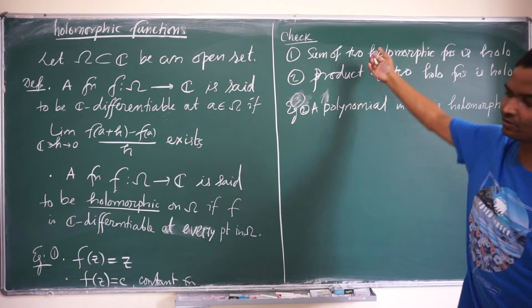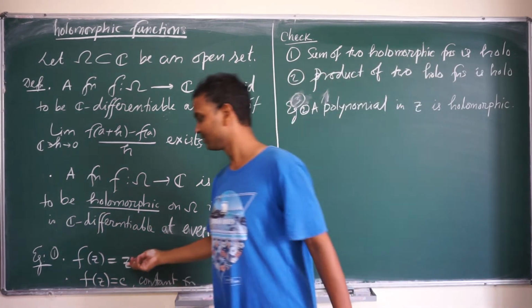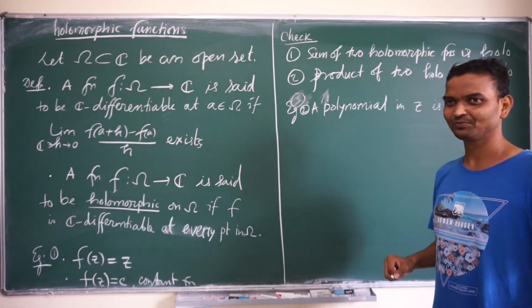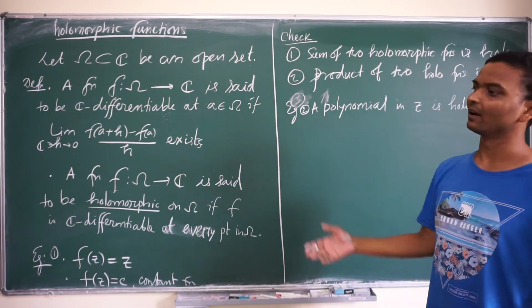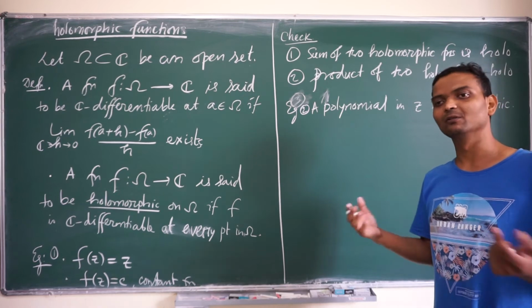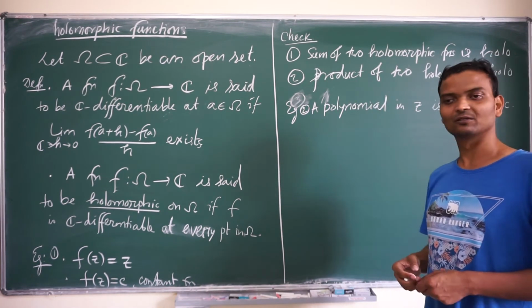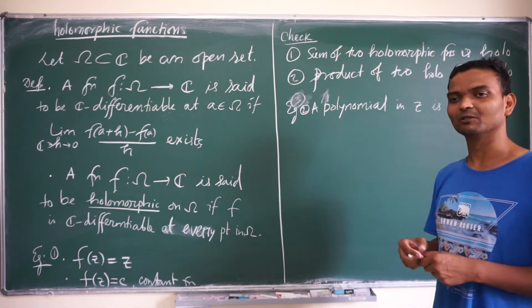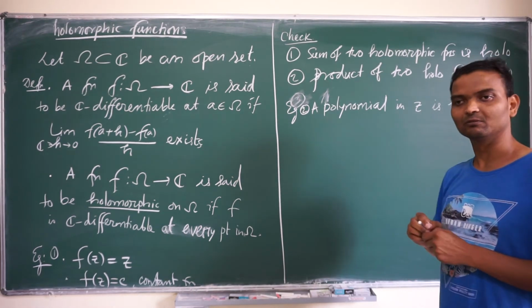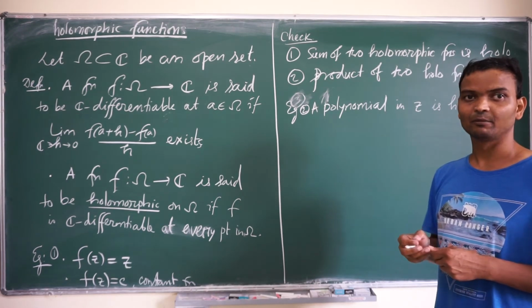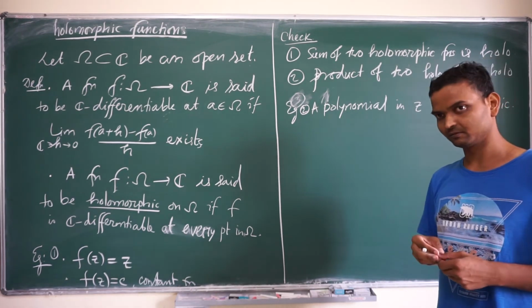So use these two, and the function f that will give you this. You can take f equal to z to the power n and look at the limits for monomials, and then sums and products with constant multiples are again holomorphic. So a polynomial is holomorphic. We don't know more examples yet, but we want to go into more examples.